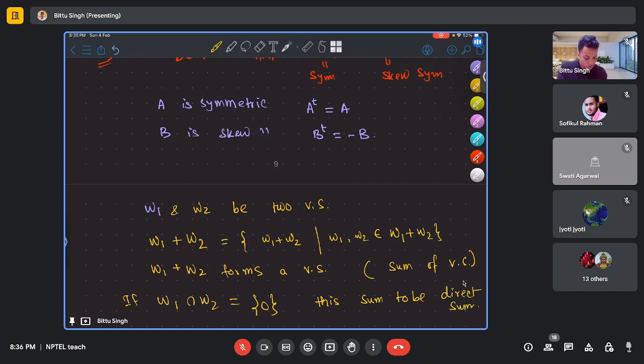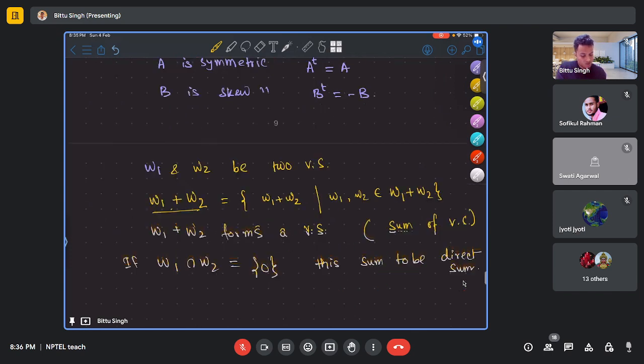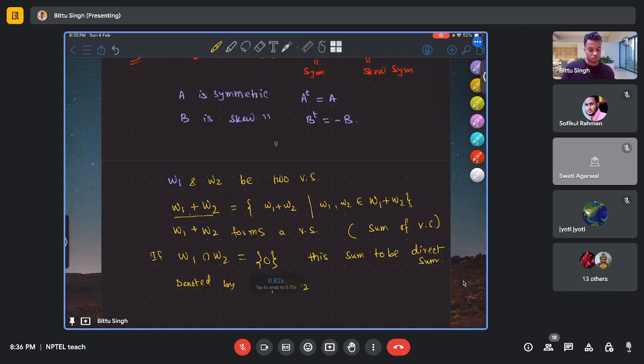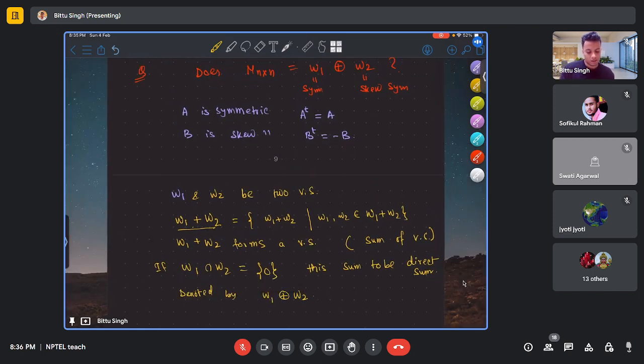We denote this W1 plus W2 by W1 direct sum W2. So here, can you write every matrix as a sum of a symmetric and a skew symmetric matrix?